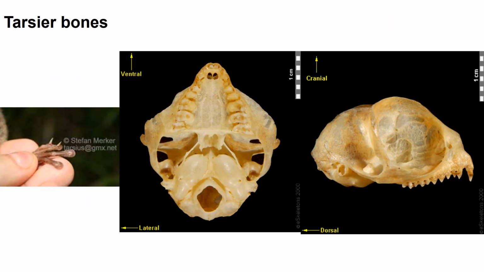We can see that based off of their dentition. This is what a tarsier skull looks like. They're really small. I'll show you a 3D print of this skull in the lab. It's very hard for me to 3D print even because it's so small. And this gives you an idea of what their dentition looks like.